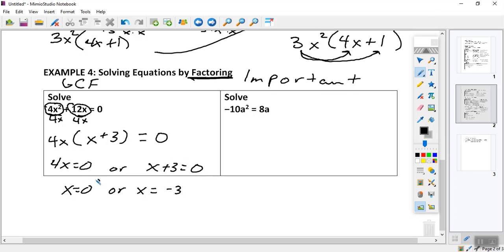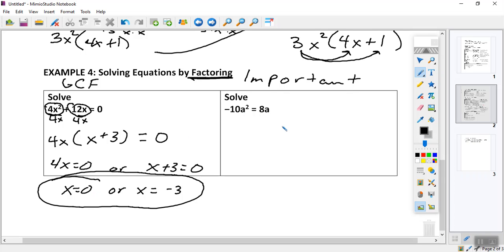So guys, the two values that would make this equation true, 0 and what? 0 and negative 3. Now I could tie in a graph right here, but where do you think they're going to cross the x-axis? What x values do you think they're going to cross at if I would graph this? 0 and what? Negative 3. Okay? All right.